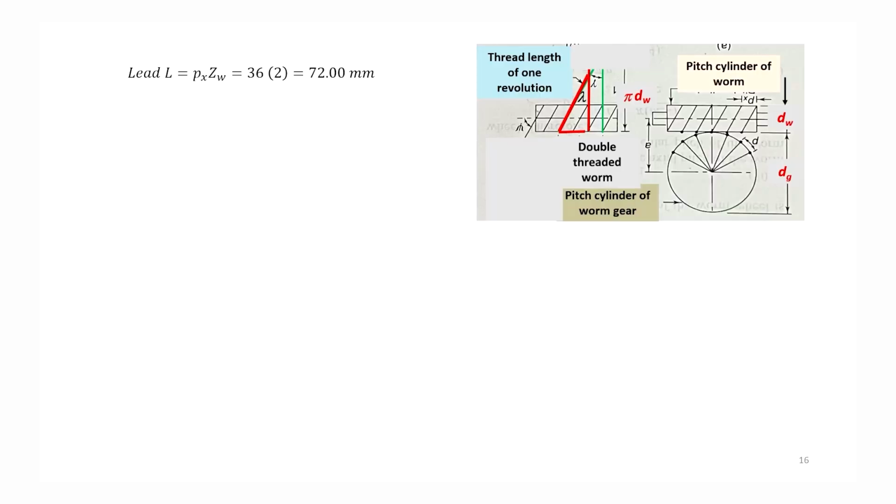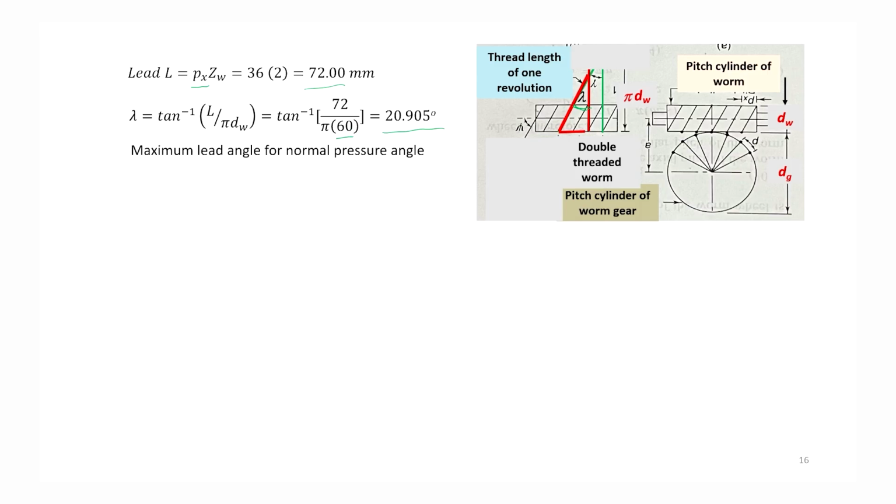Now, after getting this information, we will come to the determination of lead angle. The lead is equal to the axial pitch we had selected, px, multiplied by zw, which is 72, and the lead angle lambda is equal to 20.907, after substituting in this equation the lead and the dw obtained as 60 mm.